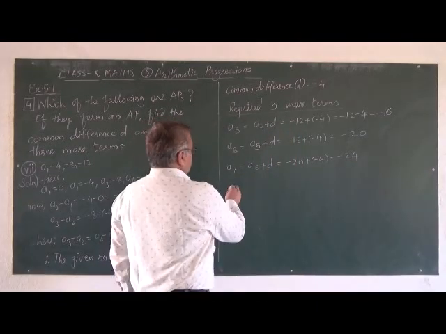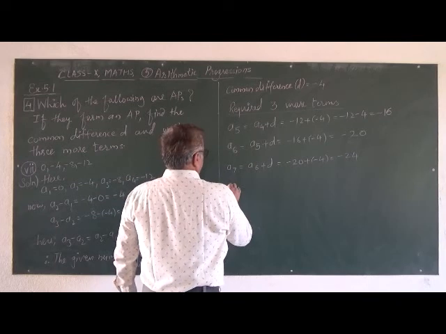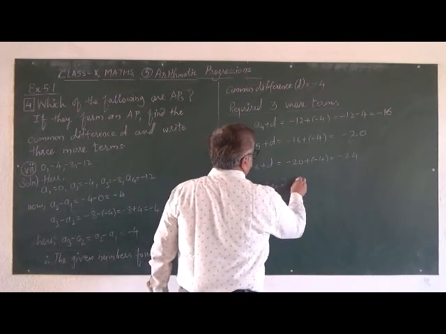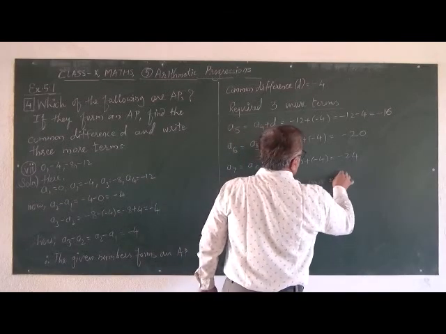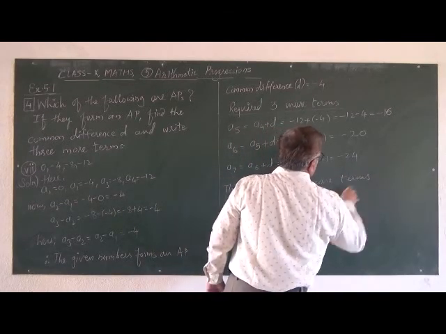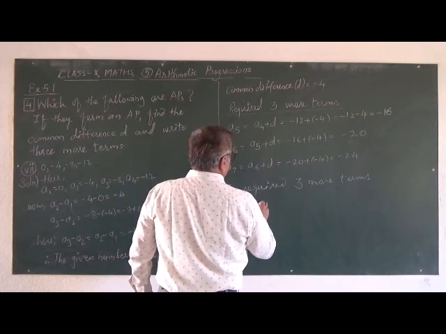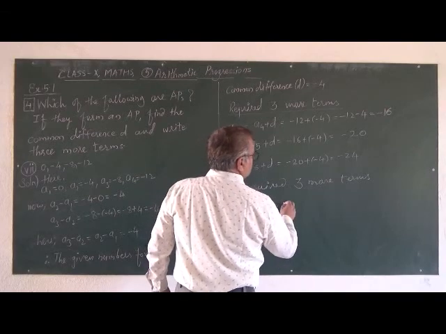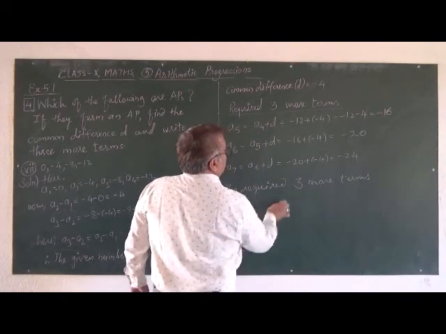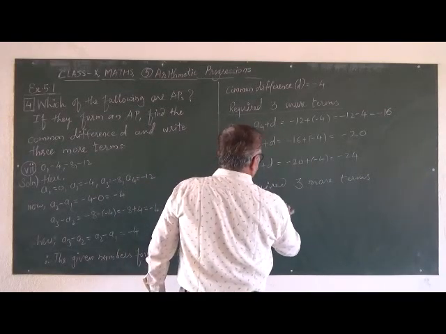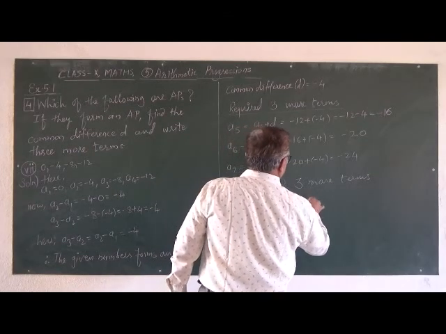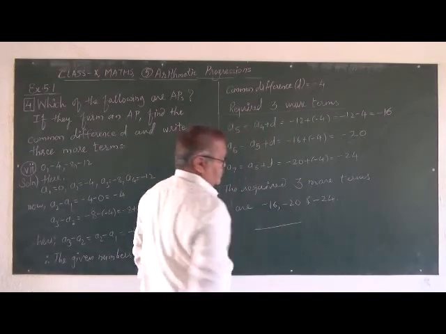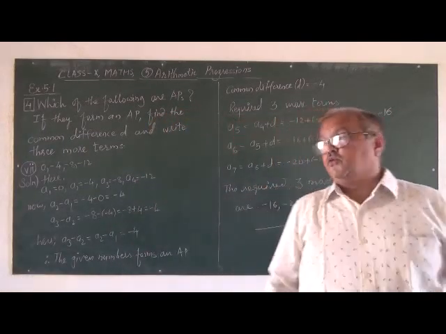So the required 3 more terms are minus 16, minus 20 and minus 24. Hope you have understood this.